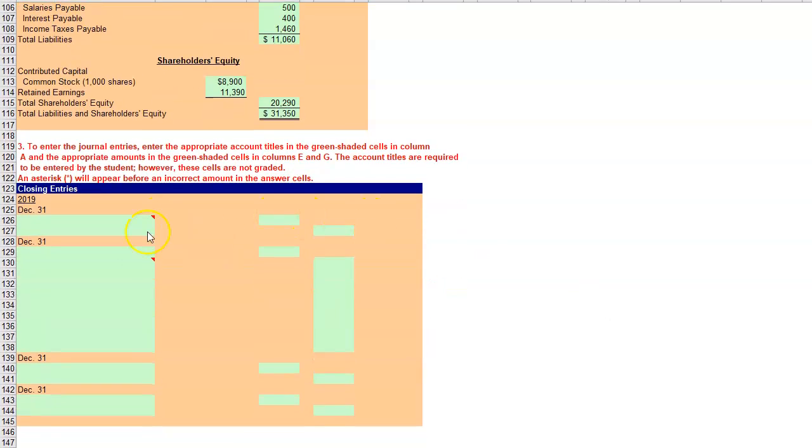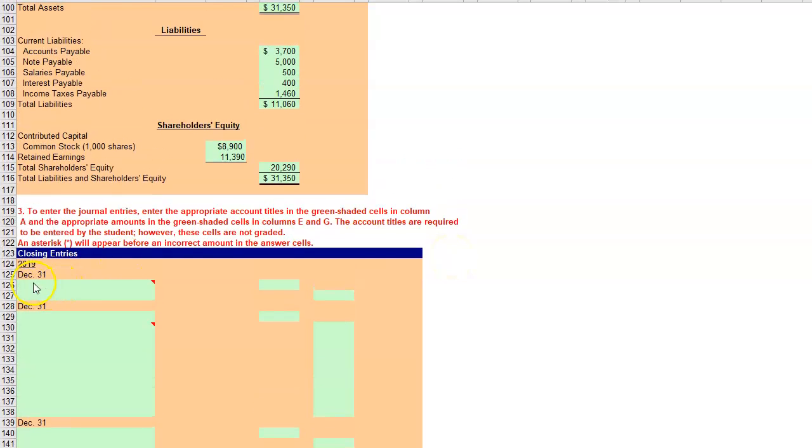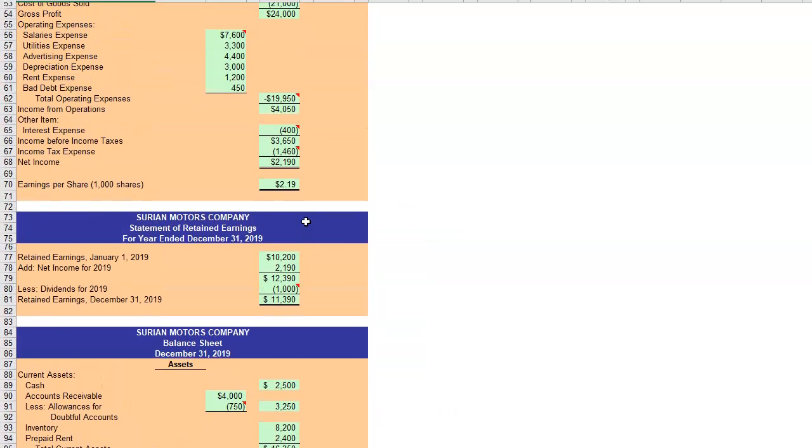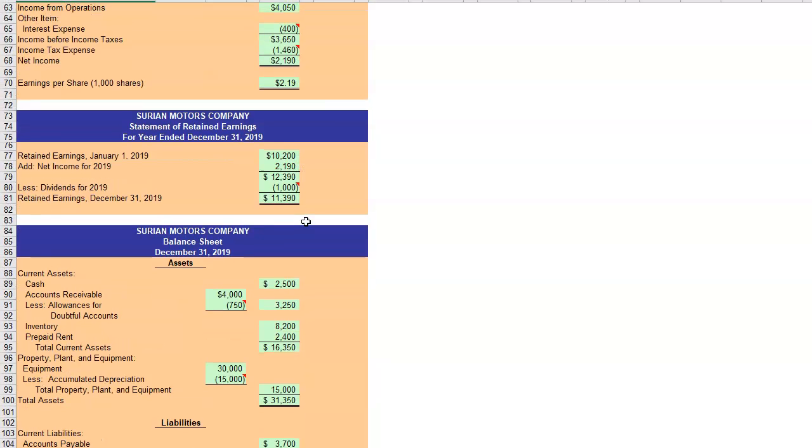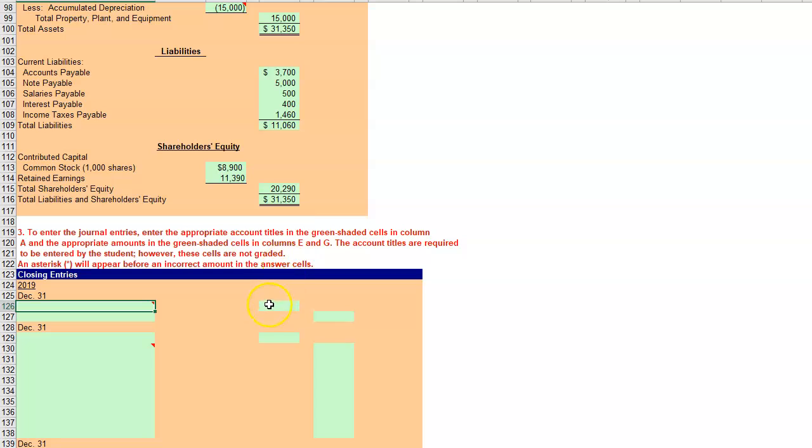Okay, so there are 4 closing entries that need to be done. Generally, the first closing entry is to close out revenue. All right, so if you look back up here, income statement, or you can go to the worksheet. I'm going to go right here. Revenue was $45,000. Revenue normally has a credit balance.